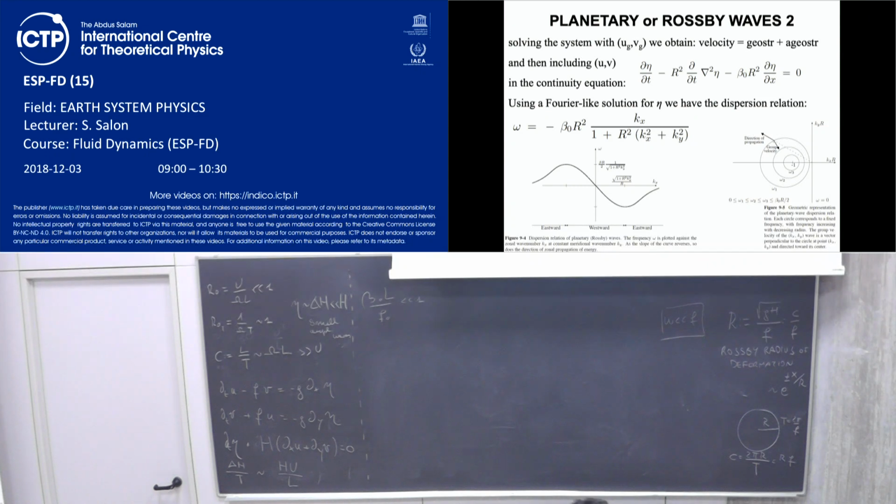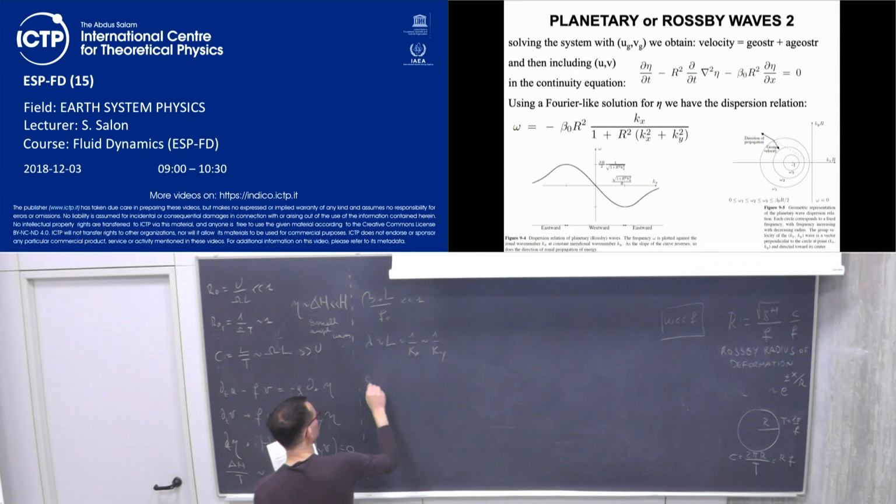So here again we can consider two cases. We have that lambda will scale as L, that will scale as 1 over kx or 1 over ky.